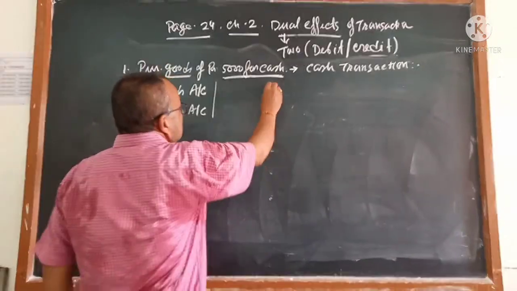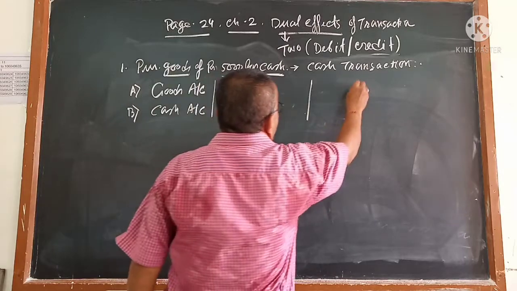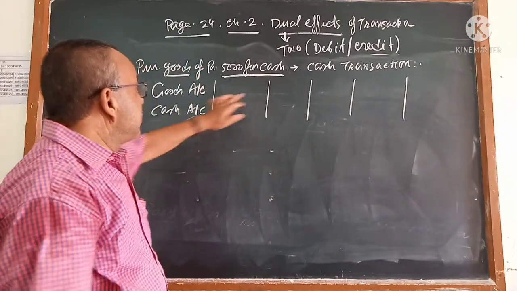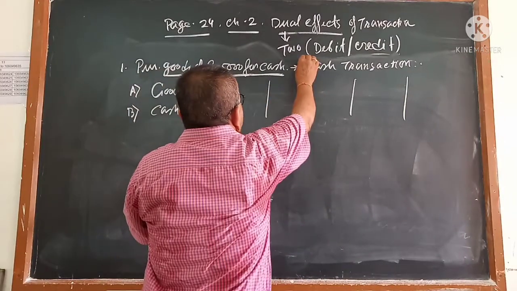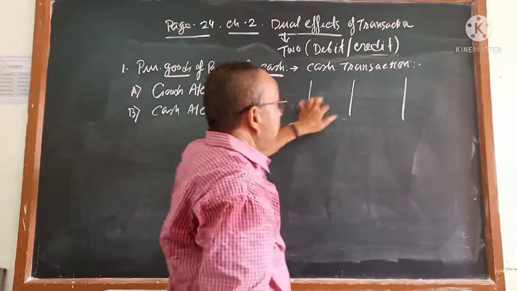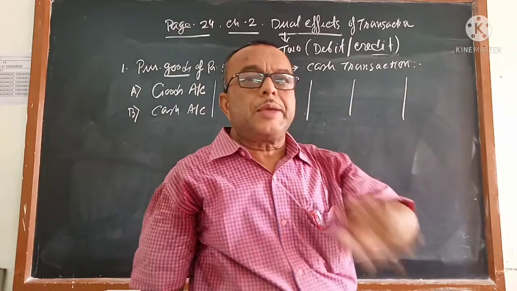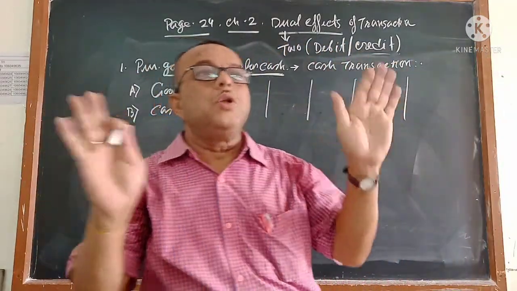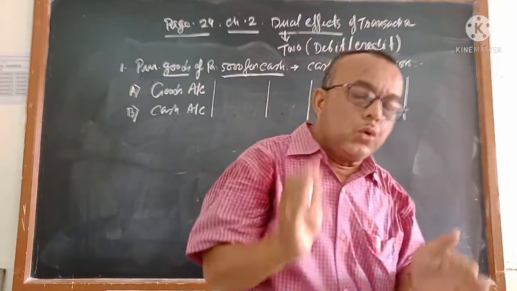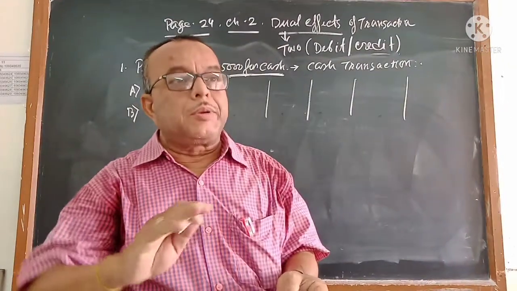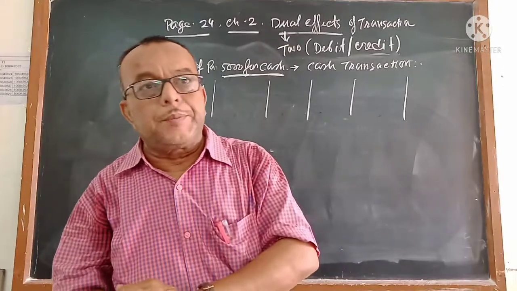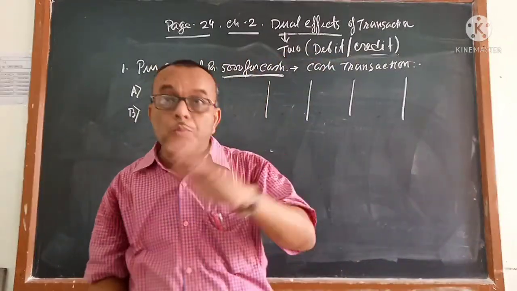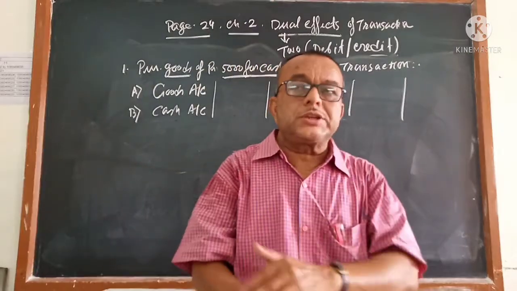Like that, step by step we will find out afterwards. When I complete these steps, step number 1, 2, 3, 4, 5, 6, when you complete the six steps, at that time you will be able to understand the full matter: the two effects, which one is called the debit effect, which one is called the credit effect, why it is a debit effect, why it is a credit effect, how much is the debit effect, how much is the credit effect.